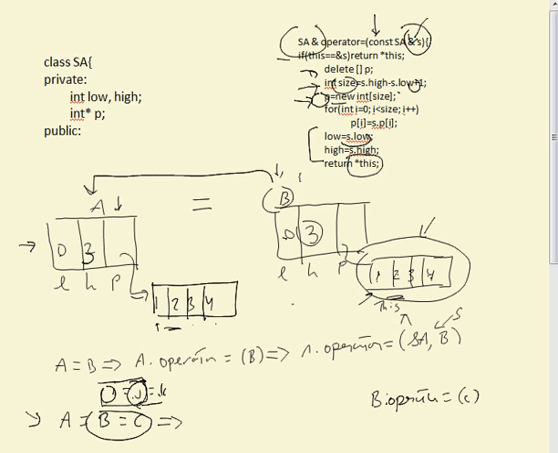This is going to return B. That's what's going to come out of here. I'm going to get B out of here, and then it's going to say A dot operator equals of what comes out of doing that, so that's going to be the B.